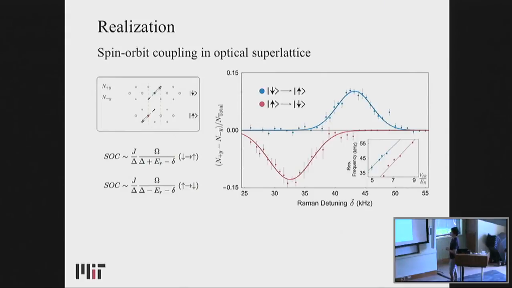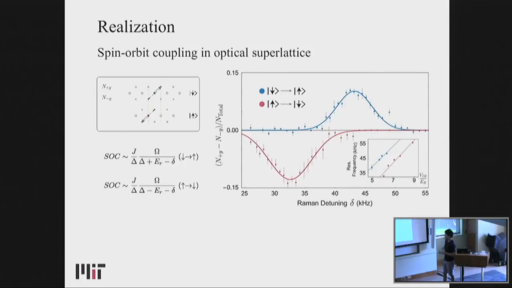Another feature is that these two peaks are separated by roughly the free recoil energy of the atoms, which is roughly 7.6 kilohertz for our system. We are using sodium.